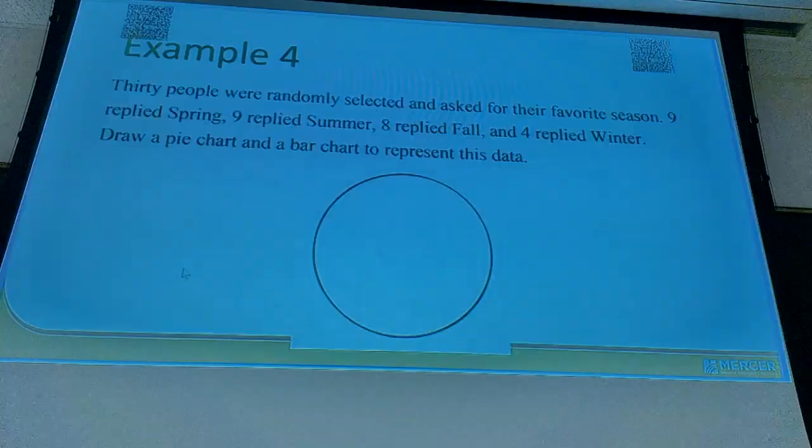This is going to be what, 9 out of 30? 0.3, so 30%. 30% of this should be for spring, 30% for summer.